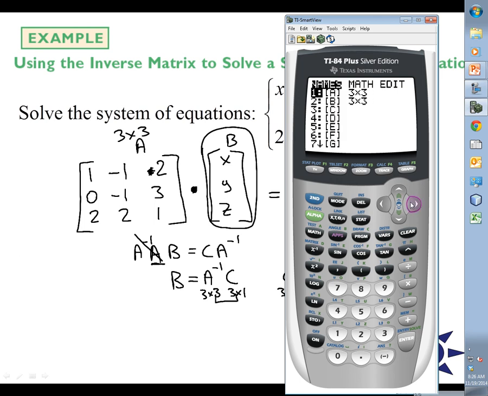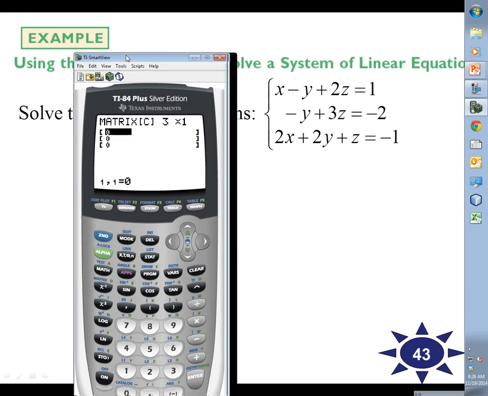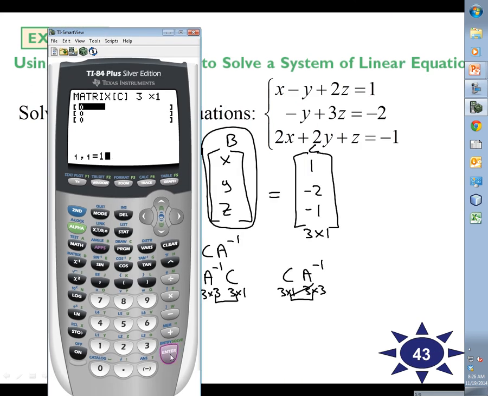Let's go ahead and edit matrix C here, just so we keep our letters matched up. Matrix C will be a 3 by 1, and matrix C was 1, -2, and -1. All right, let's go back and multiply these things.